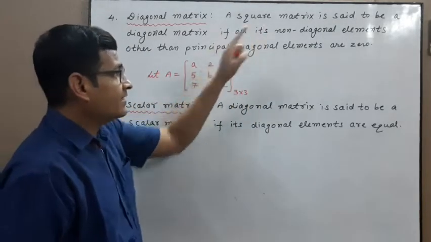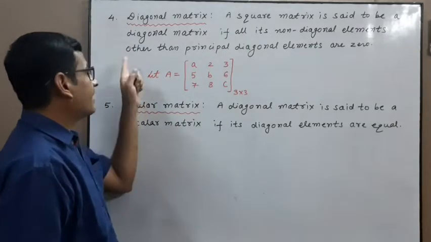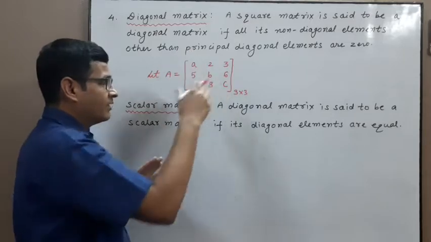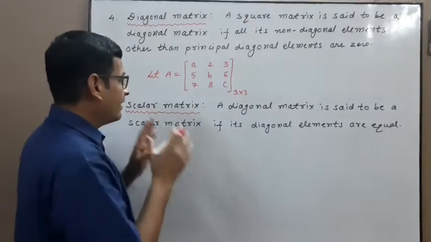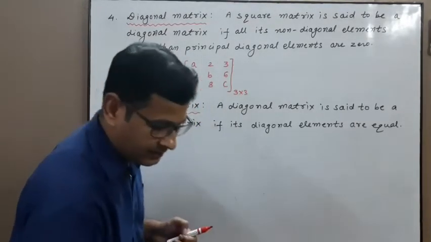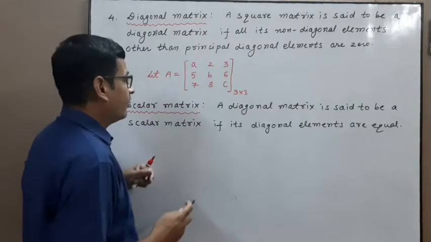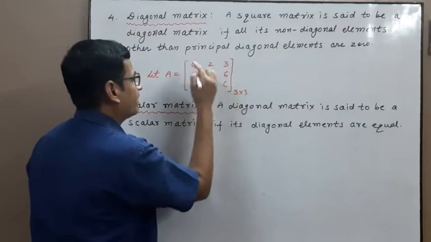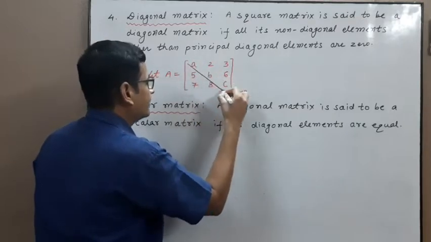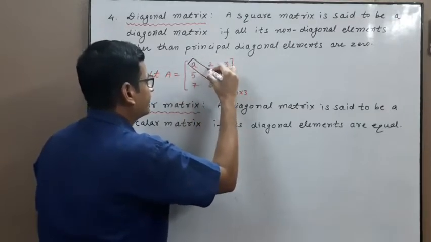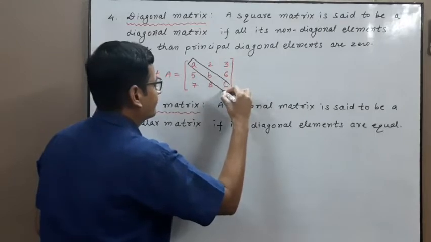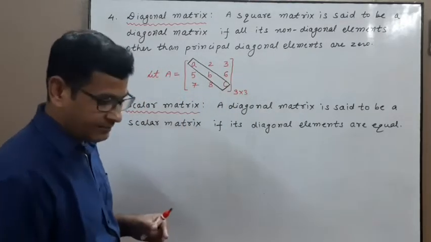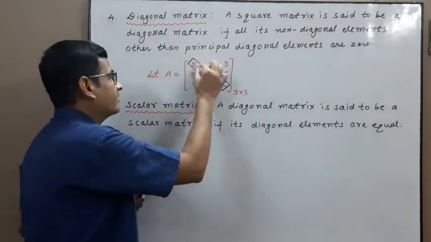If all its non-diagonal elements other than the principal diagonal elements are 0. In a rectangle there are 2 diagonals, in a square there are 2 diagonals, but in a matrix only one diagonal, from left to right and top to bottom. This is called the principal diagonal. Whenever we speak of a diagonal matrix, it means the principal diagonal.